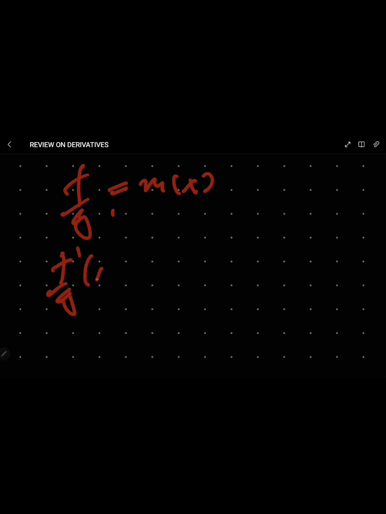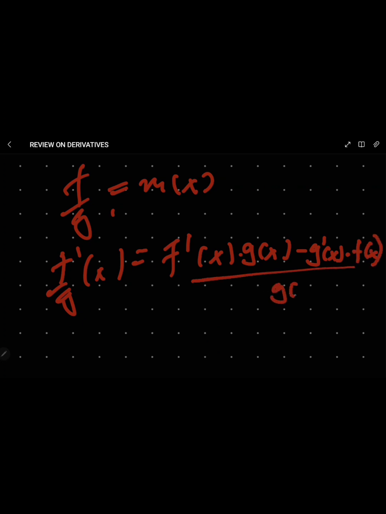You take the numerator function's derivative f'(x) times g of x, minus, take care, g'(x), the derivative of the denominator function, times the upper function f of x, over the square of g of x. Please note this in your notes and study this formula and the above formula, the product.